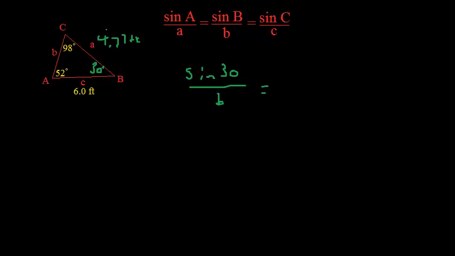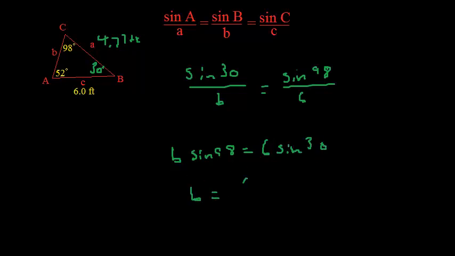But again, I know that this answer is not exact, so I want to use the two that I do know are exact. So I'm going to reuse that sine of 98 over 6. I cross multiply again to get B times the sine of 98 is equal to 6 times the sine of 30.